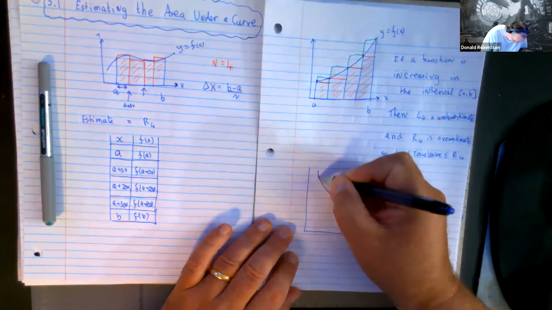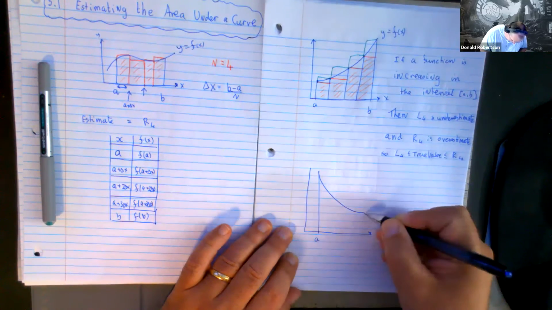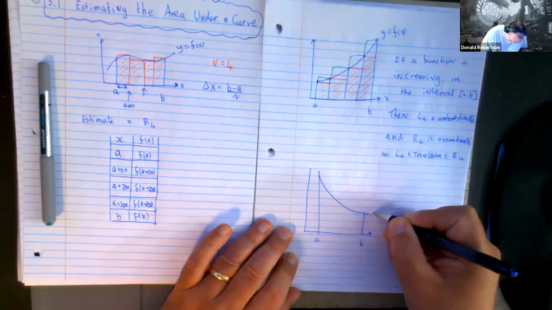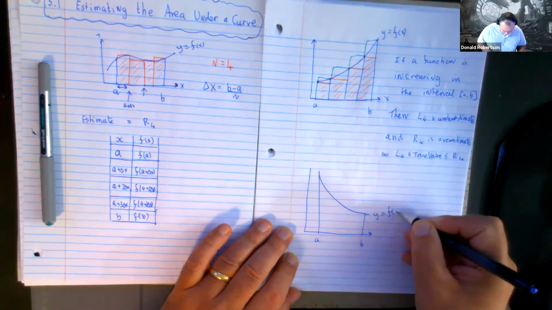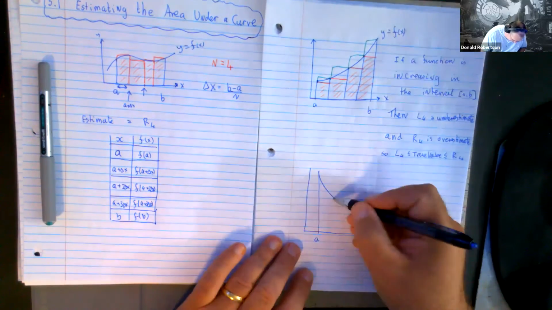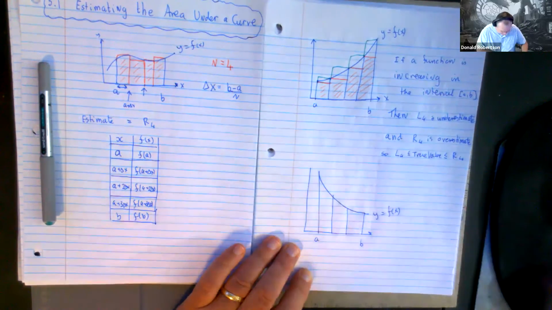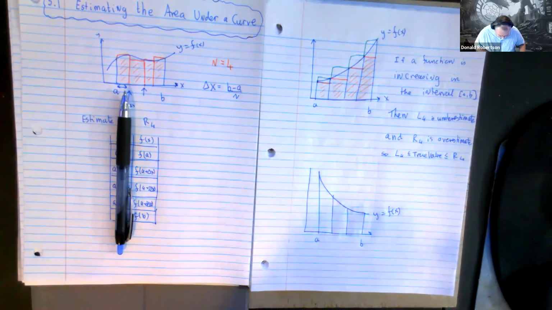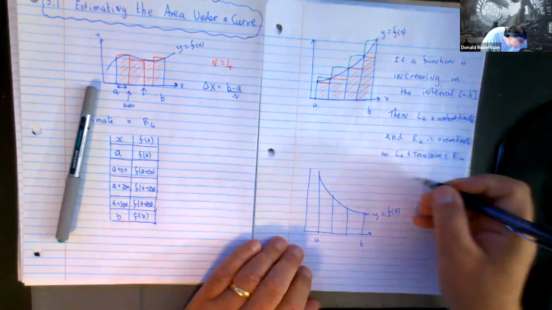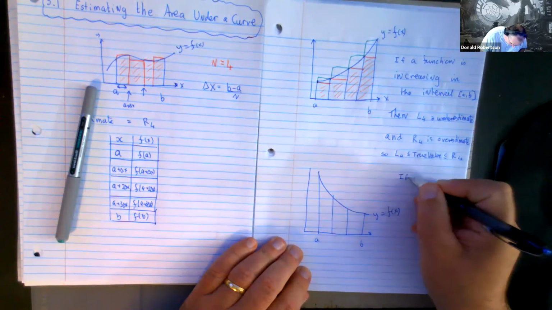suppose I have a function that's decreasing. Just imagine, I don't know, 3 strips, just to be different. Here we go.